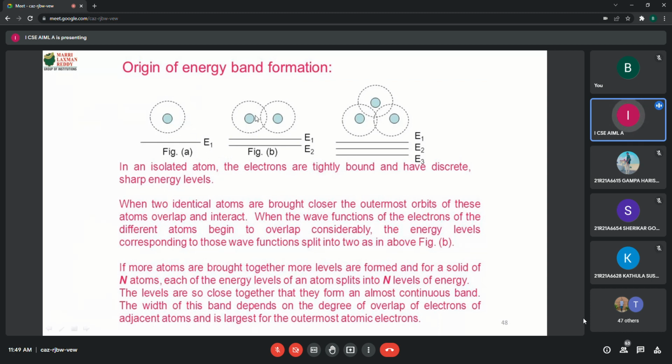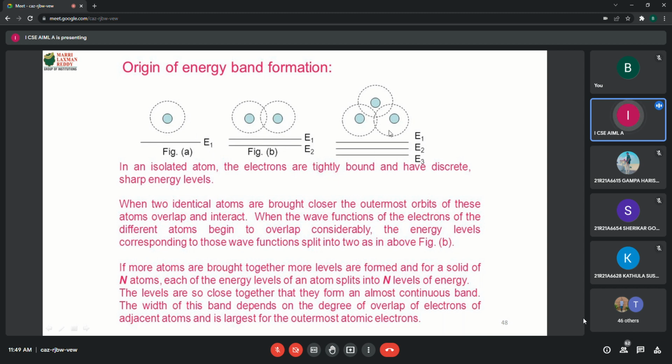If two atoms are brought together, their orbits and wave functions overlap, and two closest energy levels E1 and E2 can be seen. One is related to the electron in this atom, another to the electron in that atom. We have taken two atoms and assumed overlapping of orbits like this.